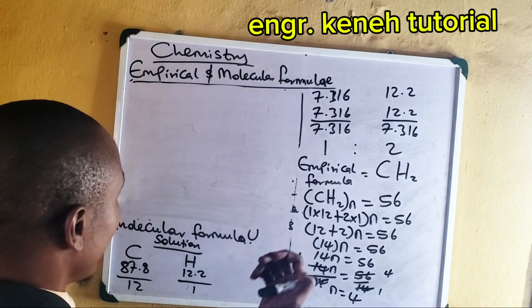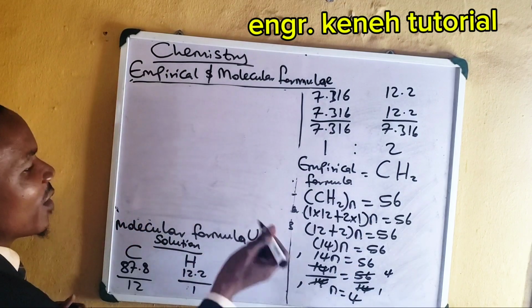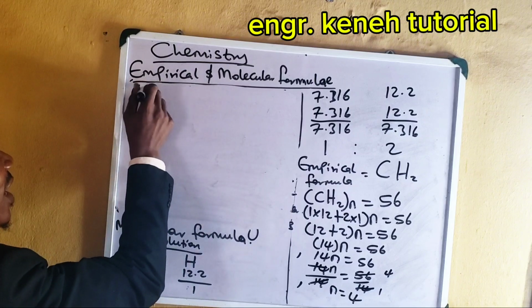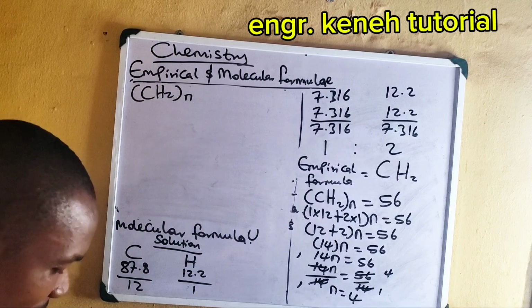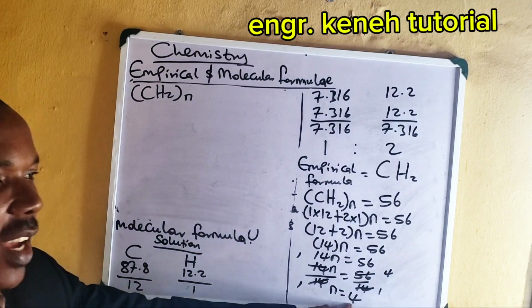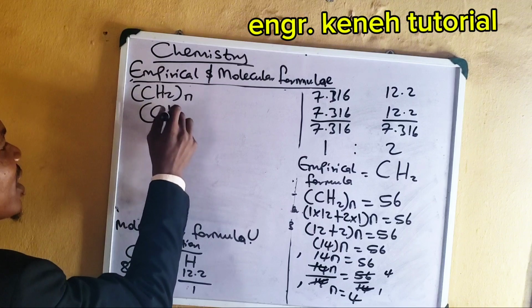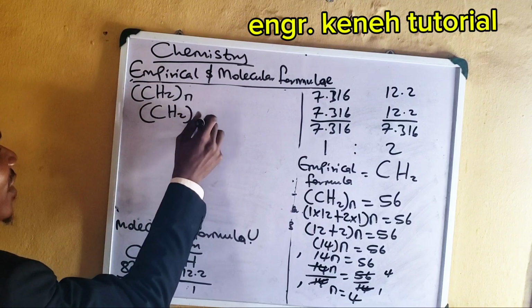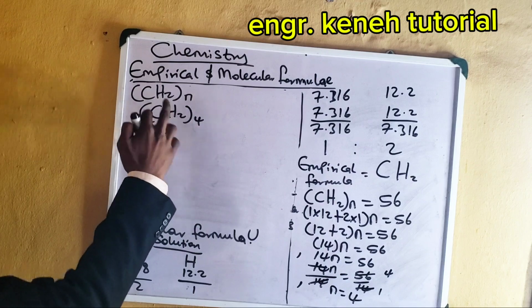All right, I will bring this back. So I've gotten the value of n. I will now substitute. I have CH2, like this. Anywhere I see n, I will call it 4. So here I'll have CH2, and instead of writing n, I'll write 4. Remember, carbon is 1 here, while hydrogen is 2.